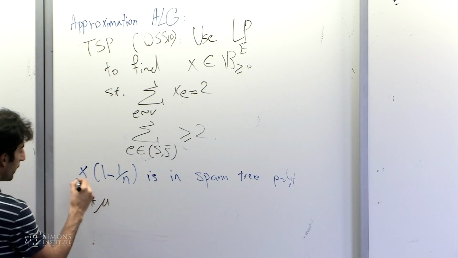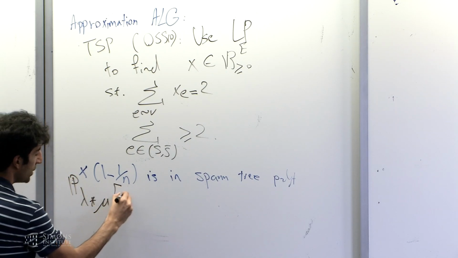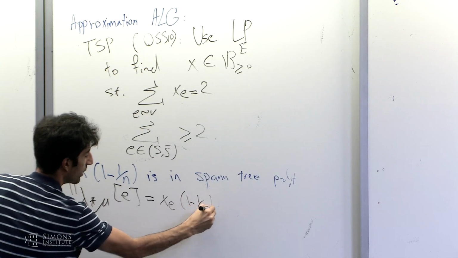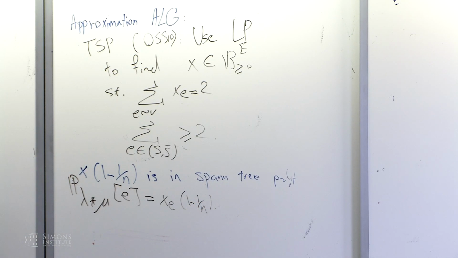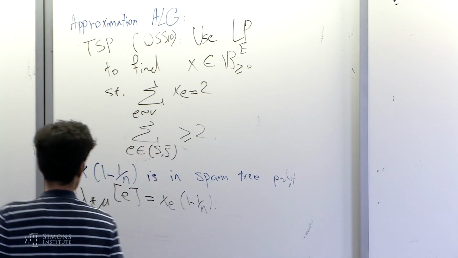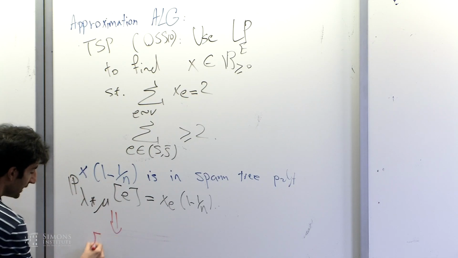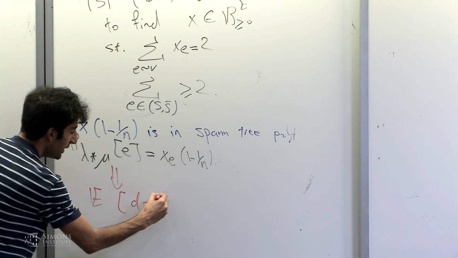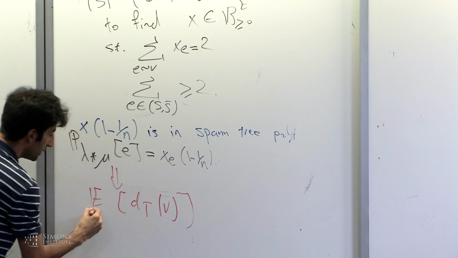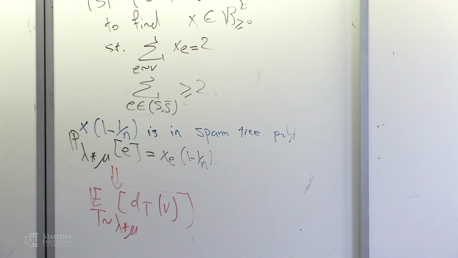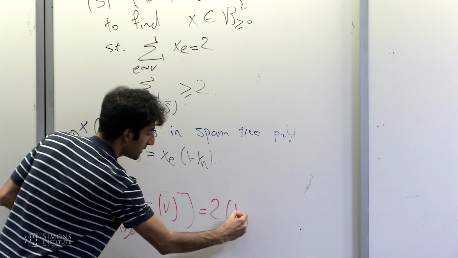The probability of the edge e in mu is equal to x_e times (1 minus 1 over n), so it's essentially x_e. For example, the expected degree of a vertex v in a random spanning tree sampled from mu is equal to 2 times (1 minus 1 over n).